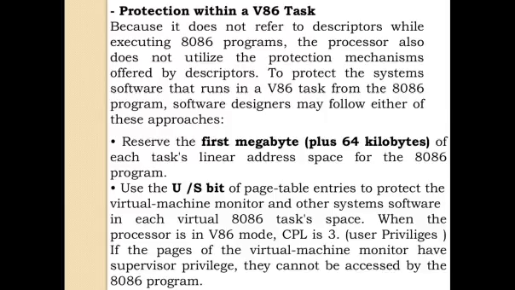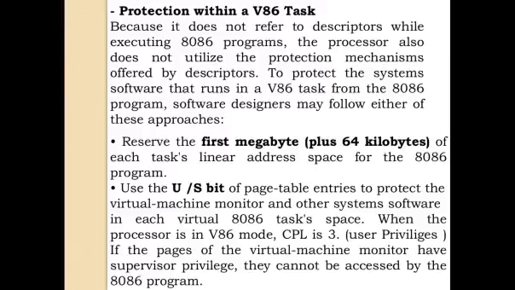Now how is protection supported in virtual 86? As paging is not used in the virtual 86 mode, the processor will not use a protection mechanism. So there is no protection in virtual 86 mode. To protect system software that runs in virtual 86 tasks from the 8086 program, software designers may follow either of two approaches. First, reserve the first megabyte of each task's linear address space for the 8086 program.